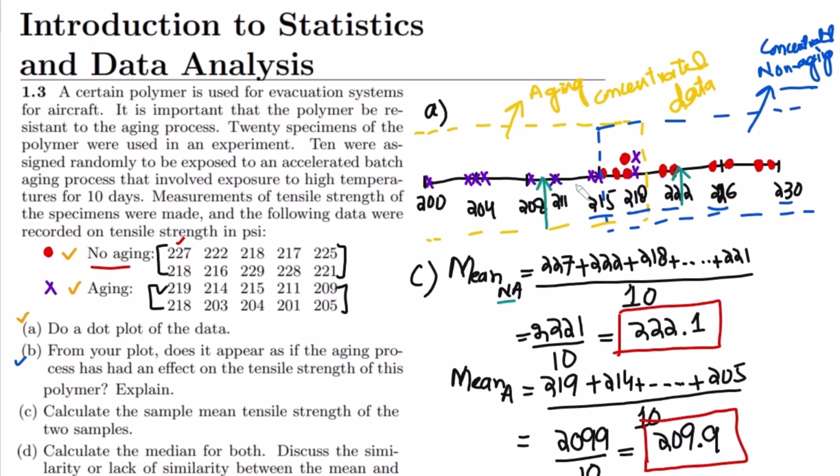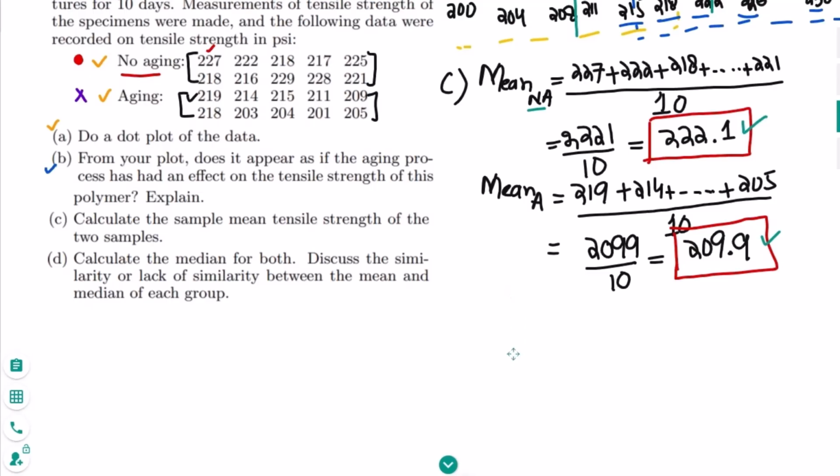So the mean tensile strength of the no aging data is higher compared to the aging data. This is also a measure of the average tensile strength, showing which data has a higher tensile strength, and that is reflected by these values. Now let me move towards the last part of this question.